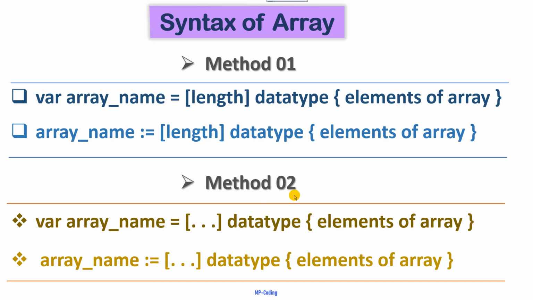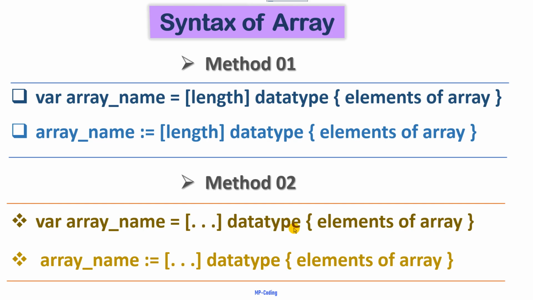Then in the second method, we don't specify the length of the array when creating it. So here also the first syntax is used to create an array using the var keyword. It includes the var keyword, array name, and here we didn't specify the length of the array, so that is unknown length.